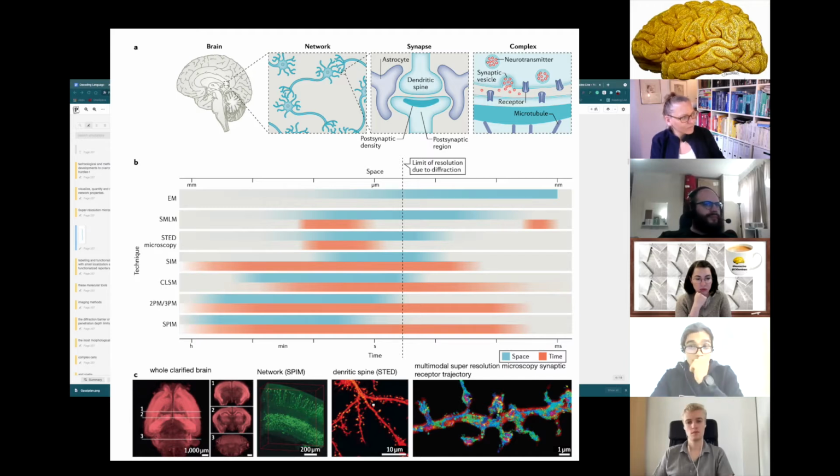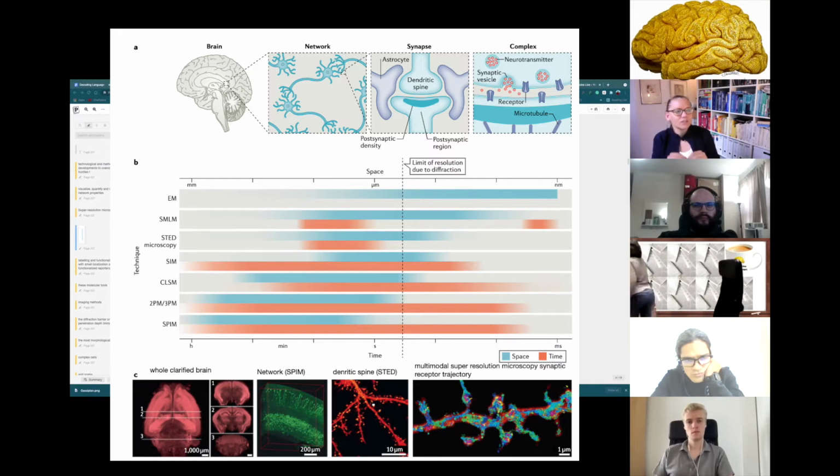Here we go. So here you have an example of the different levels of complexity. We can look at the full brain, we can look at different networks in the brain, we can look at the synaptic level and even dive into the synaptic complex in more detail by looking at receptors and neurotransmitters. And there are various different methods here.